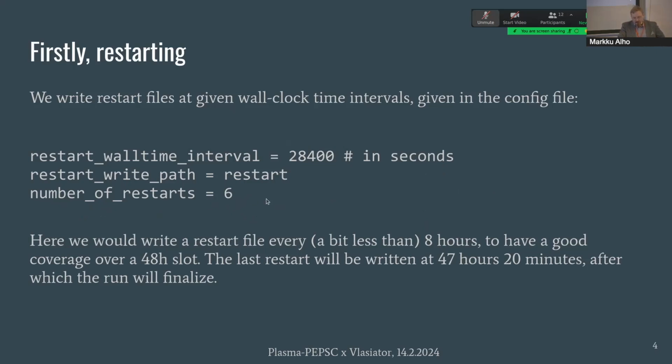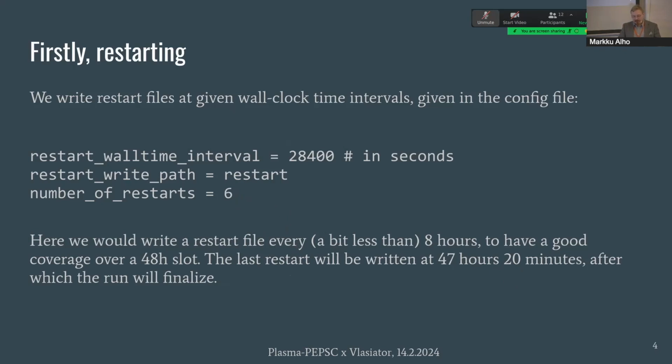And this has been measured so that it fits when we have 48-hour slots, or however much this actually is. So the last restart is going to be written a bit before the actual computation time expires. Because if the computation time expires, then we might get kicked out of the server and lose all the data if we haven't saved it recently.